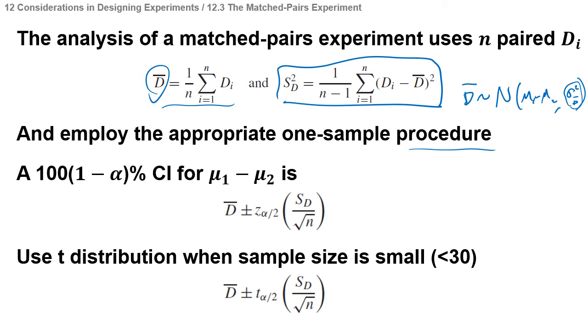We construct a 100 times 1 minus alpha percent confidence interval for mu1 minus mu2 as this when we have a large sample size, and we use the t-distribution when we have a smaller sample size, like less than 30.